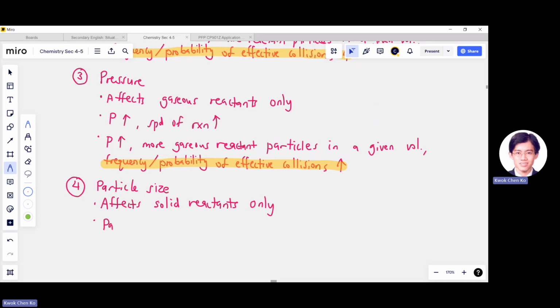Now, pay attention because this one is a bit counterintuitive. As particle size increases, what does that mean for the surface area? Imagine you have a big lump of reactant, one big piece of chalk compared to chalk powder. Which one will react faster? Powder, because the powder is smaller in size.